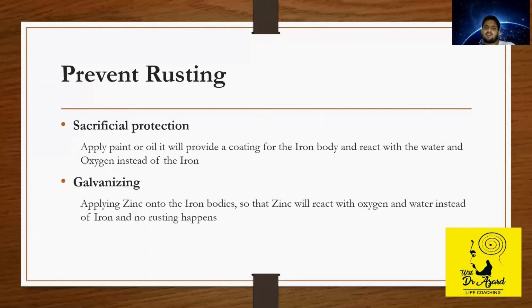But as I said, you can't stop it completely, because if we apply paint, after some time the paint will also scale off and then the iron will be exposed. Similar to zinc. So all these techniques do not stop rusting, but definitely they pause the process of rusting.